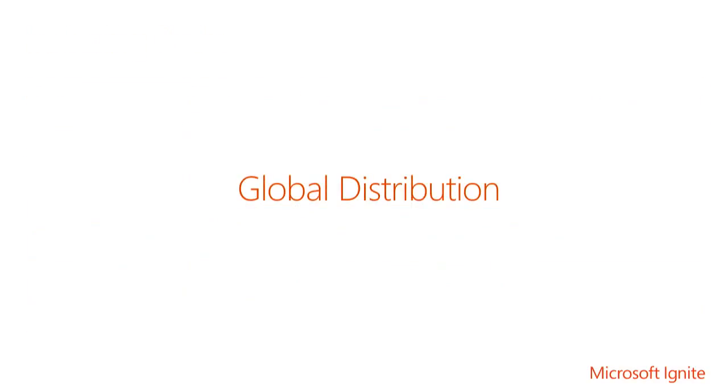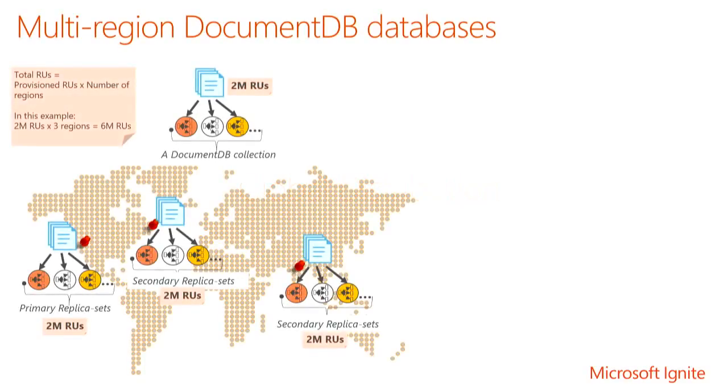With that said on indexing, let's talk a little bit about geo-replication, or distributing your data across geographic regions. The partitioning model I mentioned: we have a collection that's partitioned, which then has a set of replicas for each of these partitions, right?